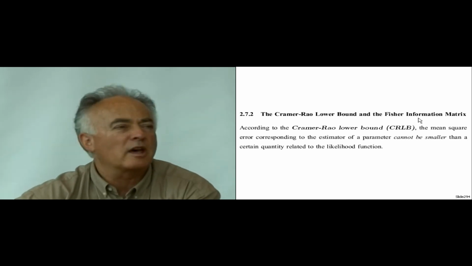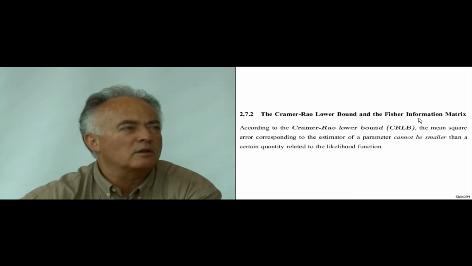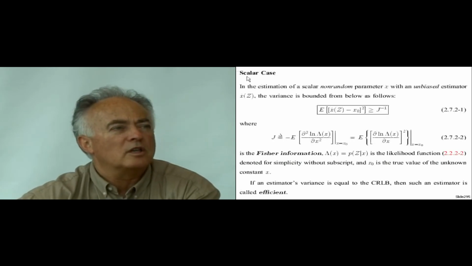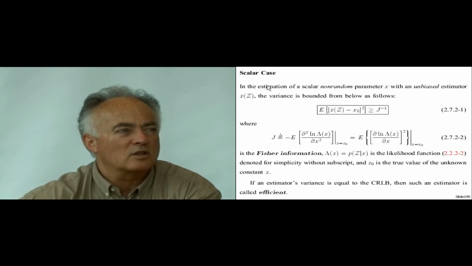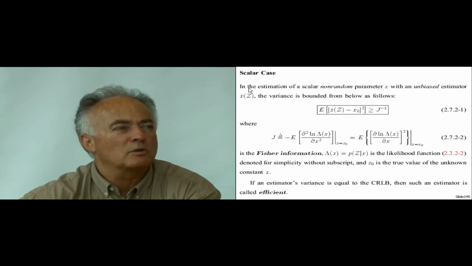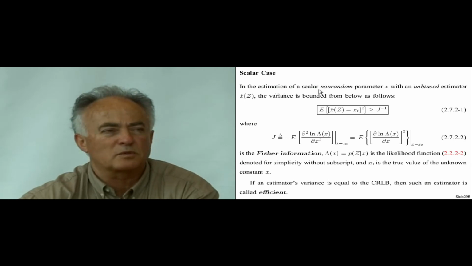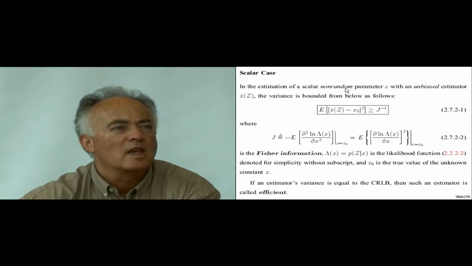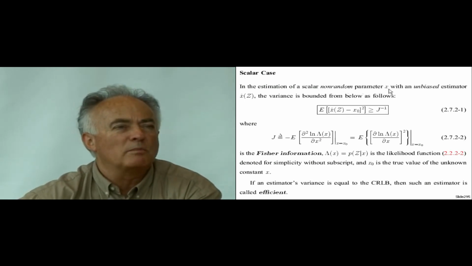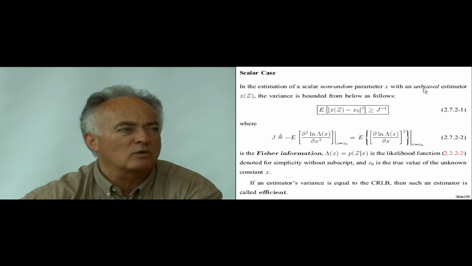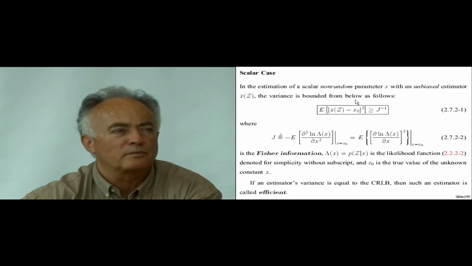Here is the result for a scalar case. If we are estimating a scalar non-random, that is, fixed, parameter x, and we have an unbiased estimator x hat of z, the variance associated with this estimator is bounded from below as follows.